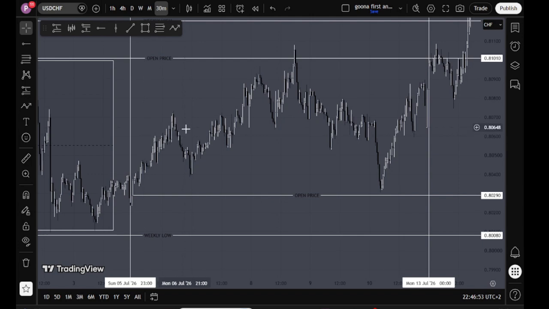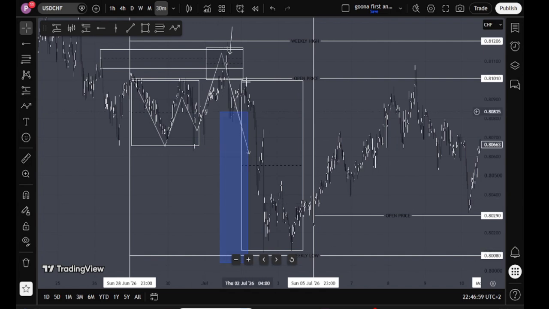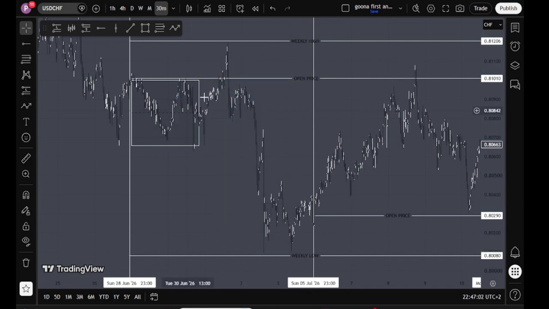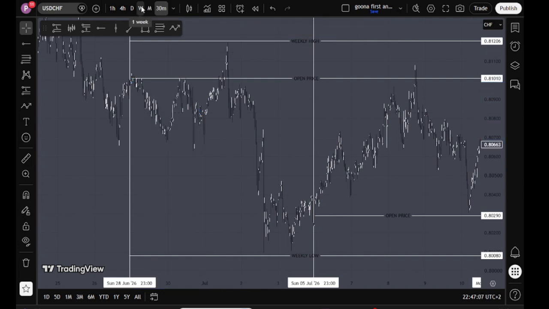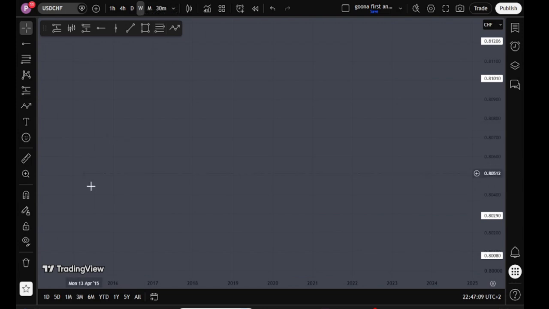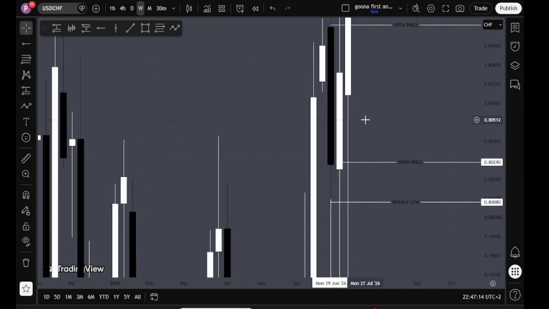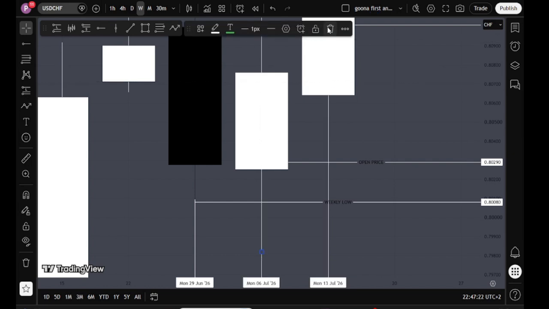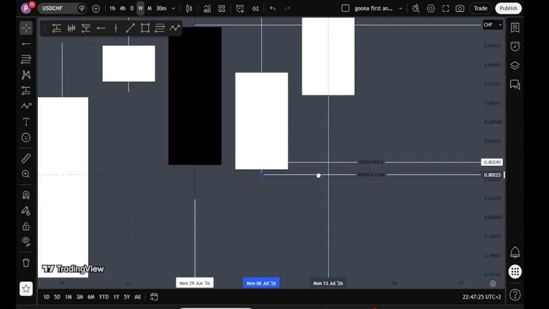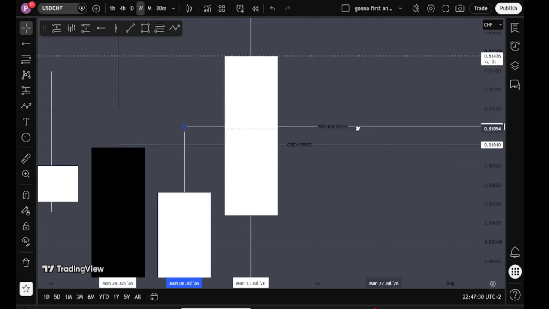So let's actually go to the weekly time frame and see how it looks there. So weekly low and weekly high.